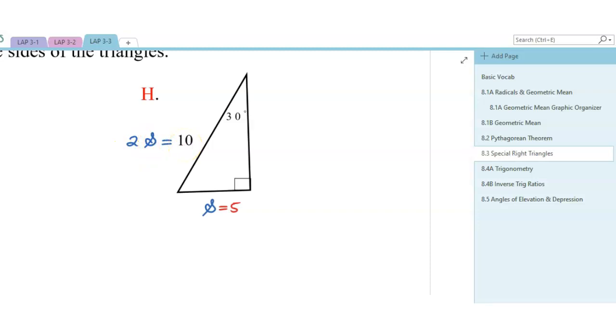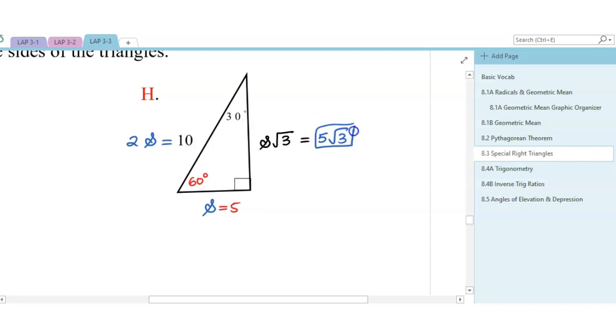And so to find this other missing side, right over here with the 60 degrees, the side that's opposite that one is going to be S root 3, which is just basically going to be 5 root 3. And we're done. So we found our 2 missing sides, just like that.